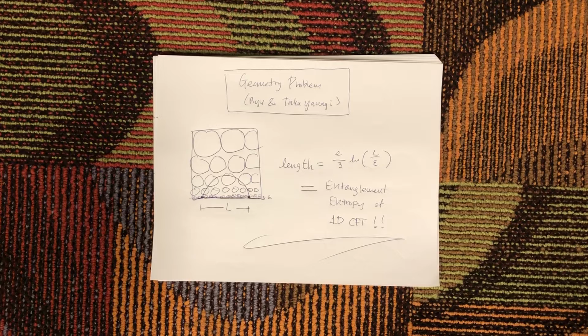So that's pretty crazy. So a geometry problem is exactly equivalent to an entropy problem. And geometry is directly linked to curved spacetime, to spacetime, as we saw before. So this is more proof that there is this deep connection between quantum mechanics and spacetime.